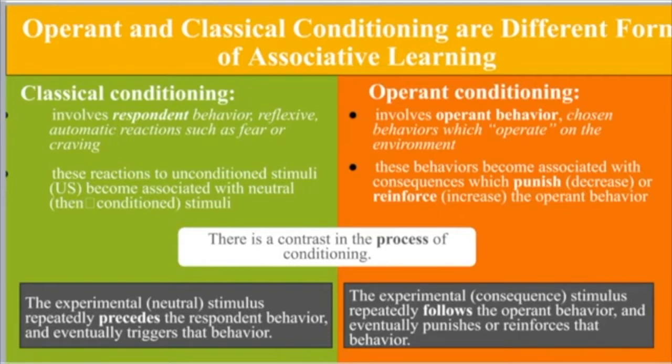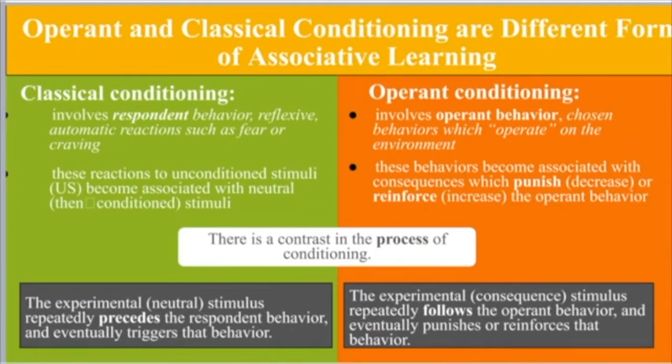On the flip side, the experimental stimulus repeatedly follows the operant behavior and eventually punishes or reinforces that behavior. Again, we're going to break this down significantly as we move forward, but it is important that you recognize the difference between classical and operant. Classical conditioning, Pavlov and his puppies.